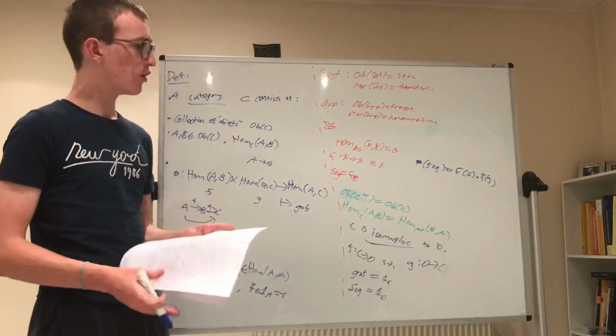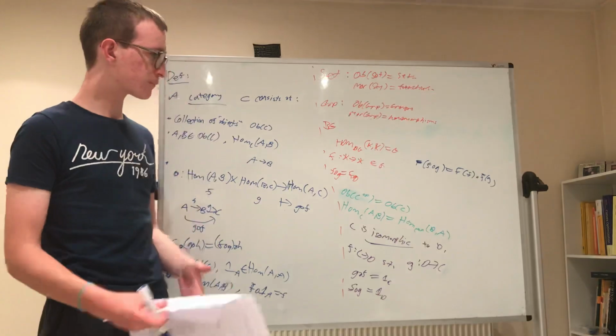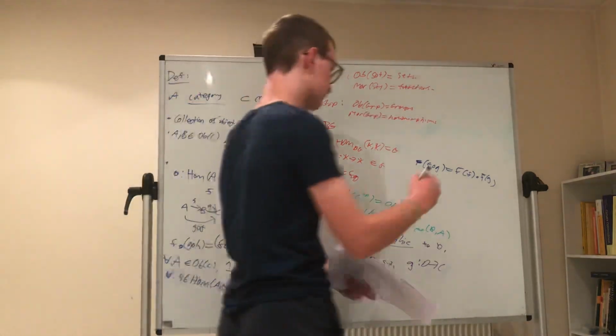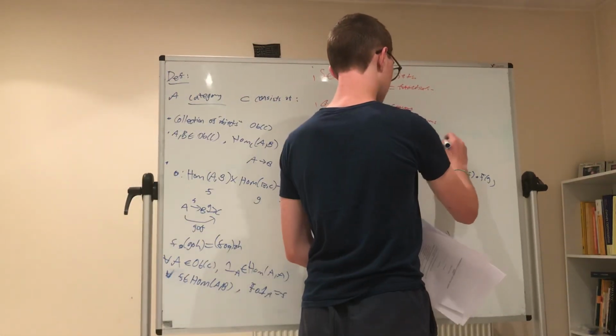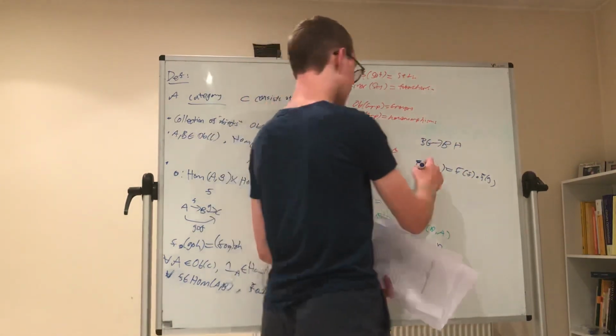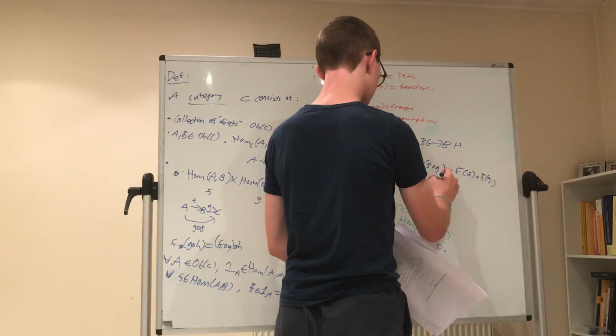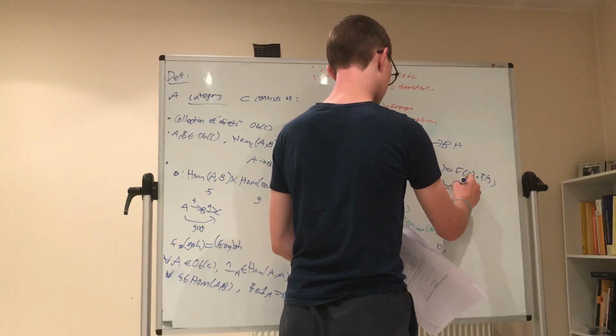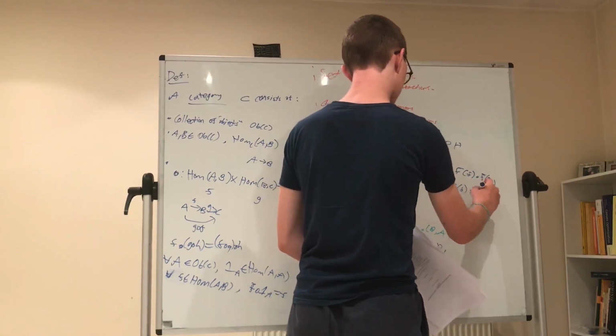And therefore, a map from BG to some BH, if we're now replacing this with normal notation, is just F of fg equals F of f times F of g.